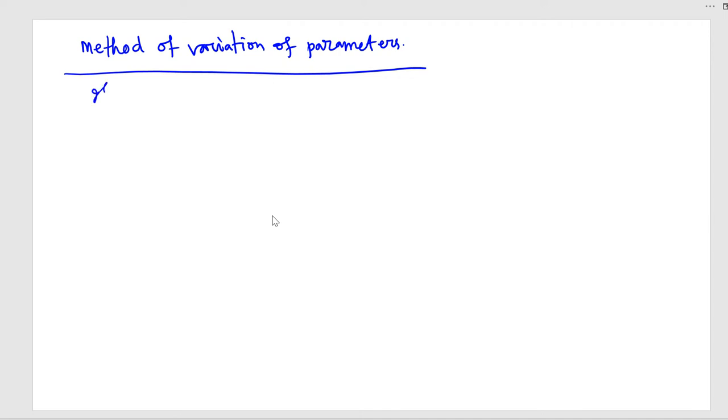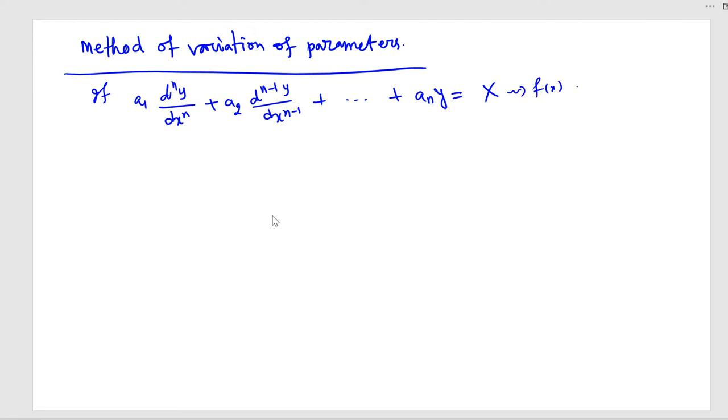For example, if the given differential equation is of this form, a_n y equals to x, so the right hand side should be a function of x, and these are constant coefficients.